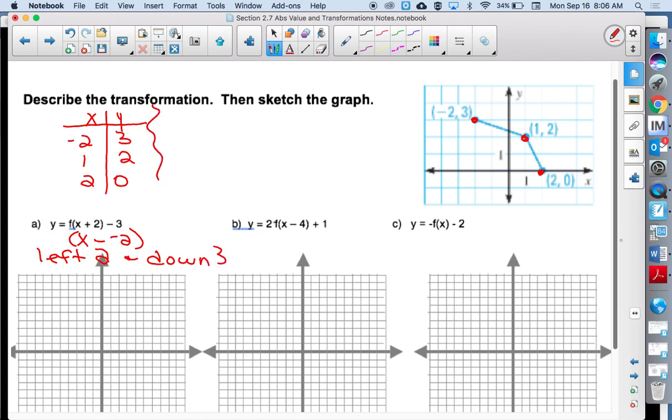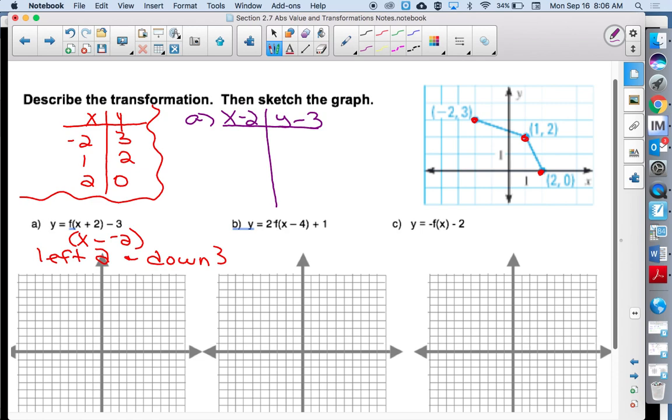So here's my original T-chart. I'm going to make a new one for part A by using the rules that she just gave me. So left 2 or subtract 2 from x. Down 3 or subtract 3 from y. So take your current x, the original x, subtract 2.